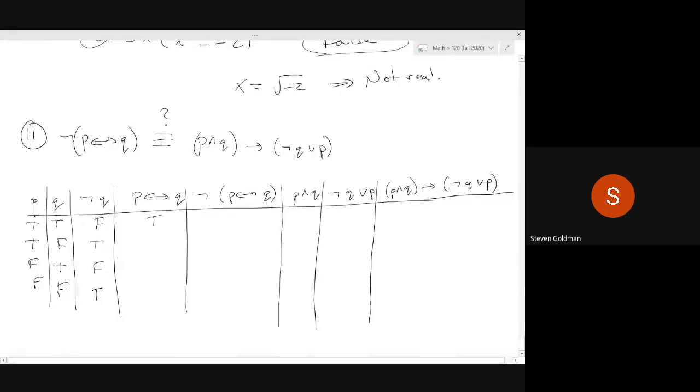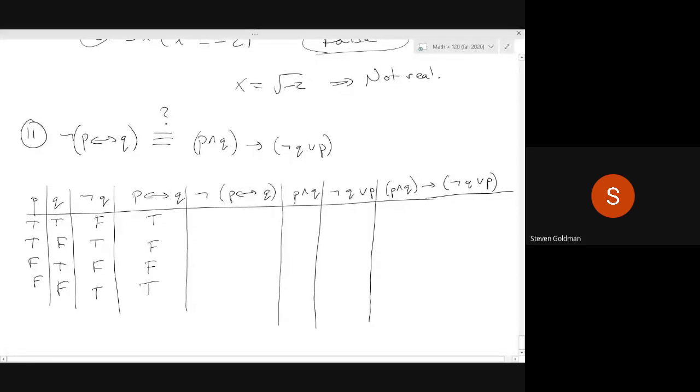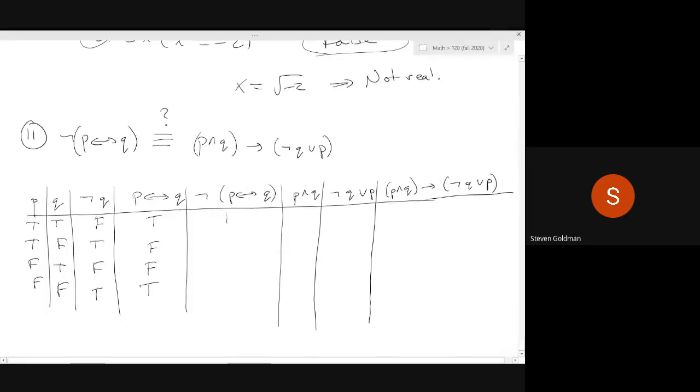So it's going to be true, false, false, true. The negation of P if and only if Q will have the opposite truth values of P if and only if Q. So wherever P if and only if Q is true, its negation will be false and vice versa. So false, true, true, false.